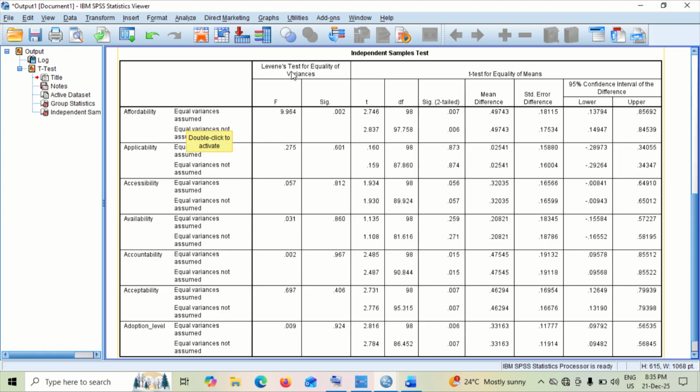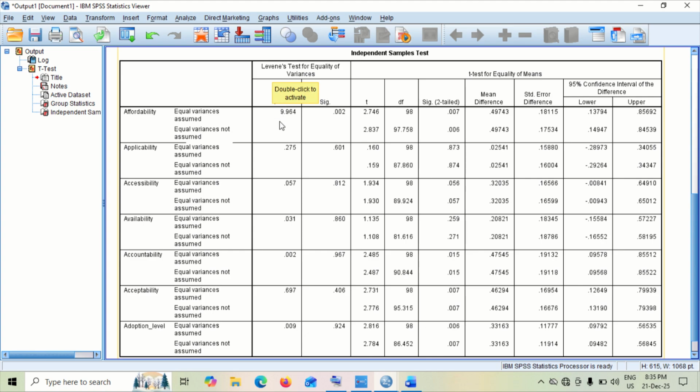Then the result of Levene's test for equality of variances and the t-test result for equality of means. Here we have already discussed the assumptions of independent sample t-test. That means equality of population variance is assumed. In order to check the equality of variance, we have used Levene's test.